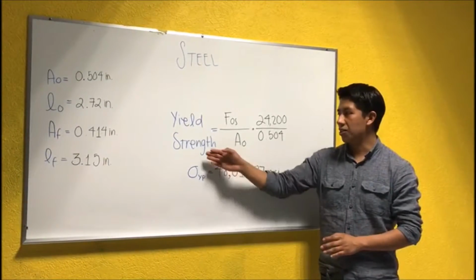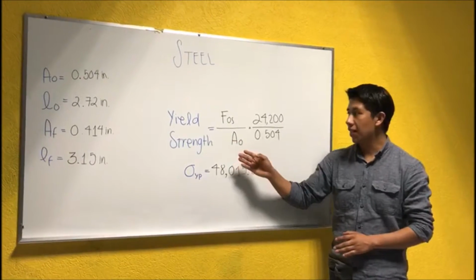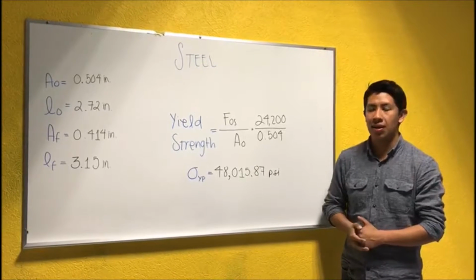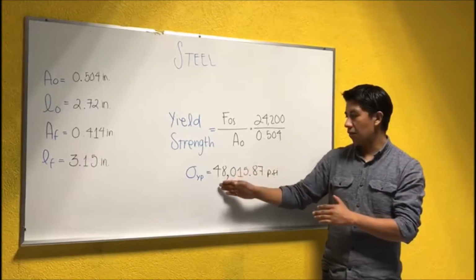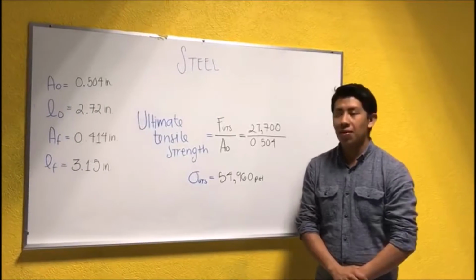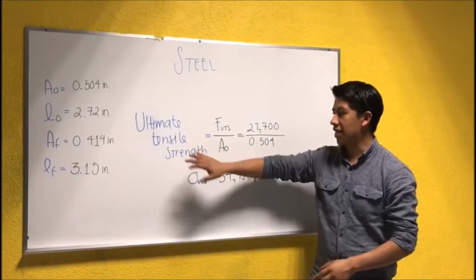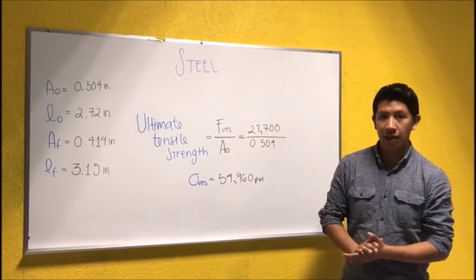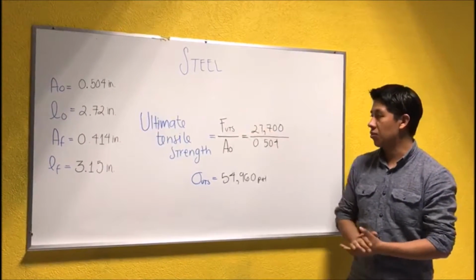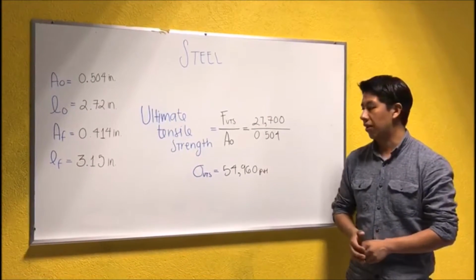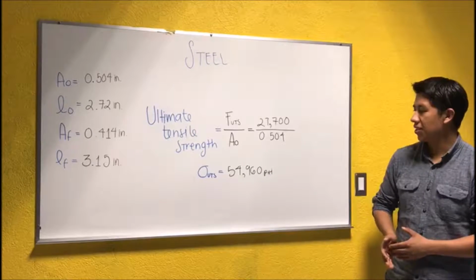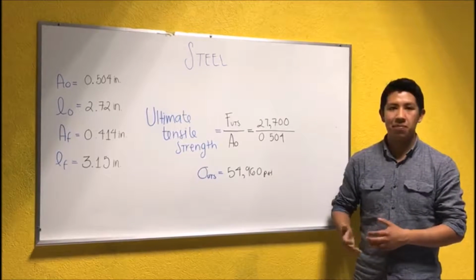Now here we have our yield strength, and the formula is F yield according to the graph over the initial area, and our result was 48,015.87 psi. Finally, we have the ultimate tensile strength, and the formula is F ultimate according to the graph over the initial area, and the final result that we obtained was 54,090.60 psi.